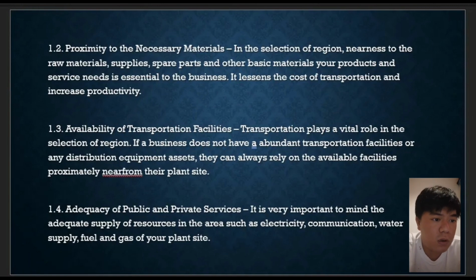Then 1.4, adequacy of public and private service. It is very important to mind the adequate supply of resources in the area such as electricity, communication, water supplies, fuel and gas of your plant site.